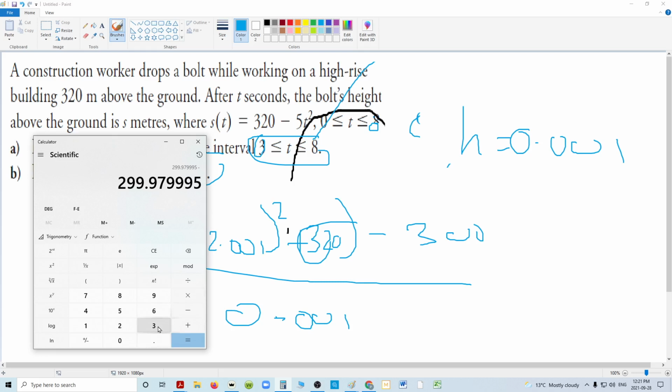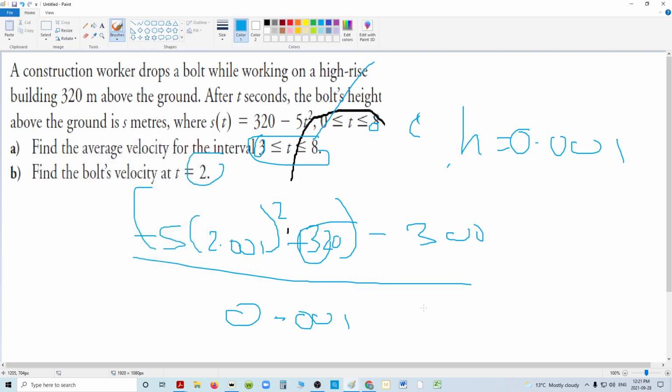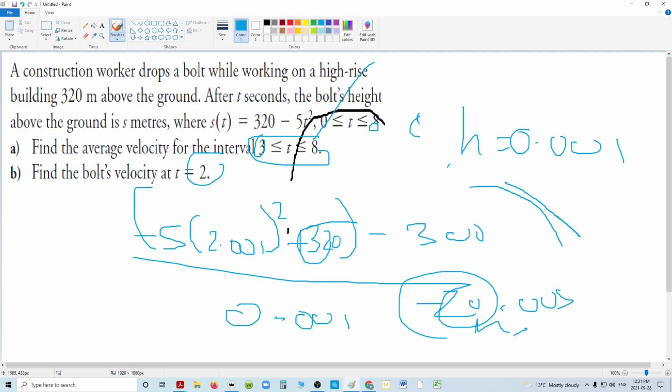So I'm going to take minus 300, and I'm going to divide it by my h. And I get negative 20.005, which I'm pretty sure is going to be negative 20 meters per second, which means in that first 3 seconds, it's falling at 20 meters per second.